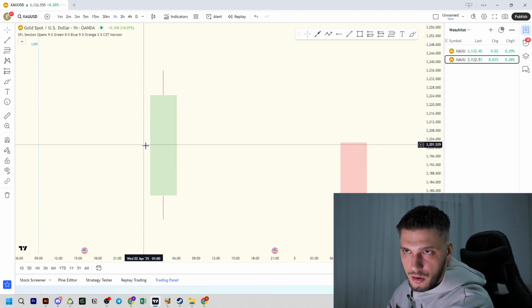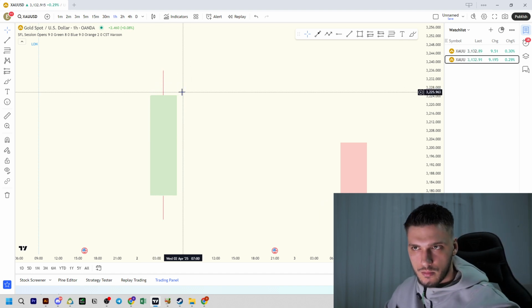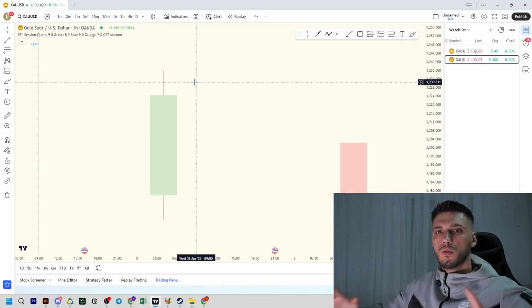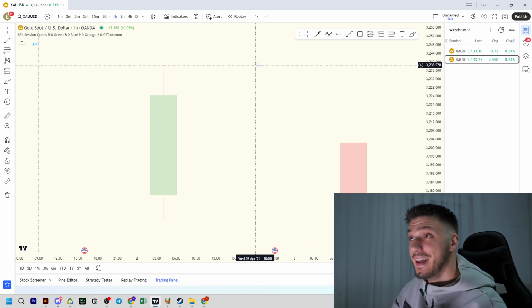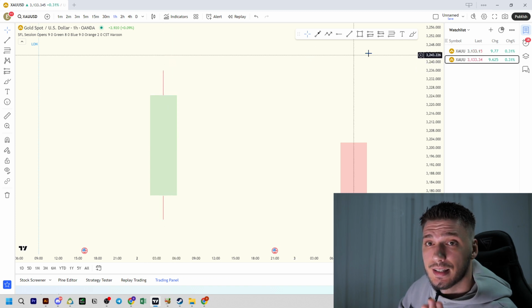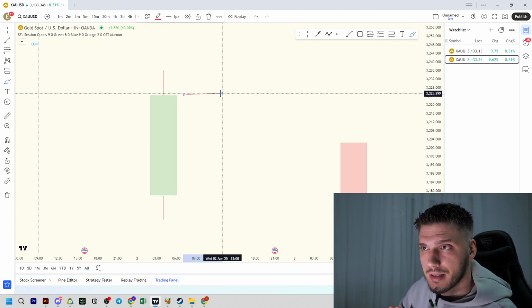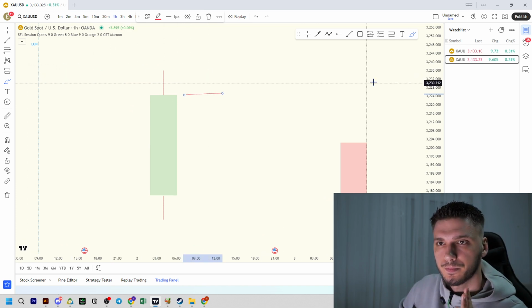Let's say we have a green candle. Whenever the green candle closes, let's say the 1 minute is over, now we're going to go to the next candle. Whenever there is a buy candle, the next candle is going to open at the top. So the next candle will open here.